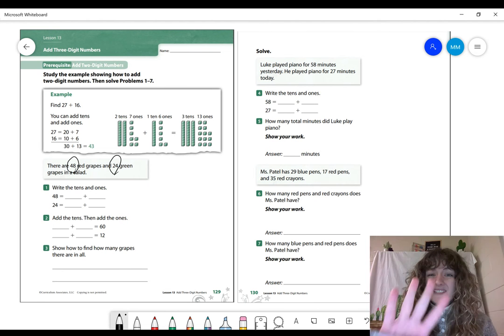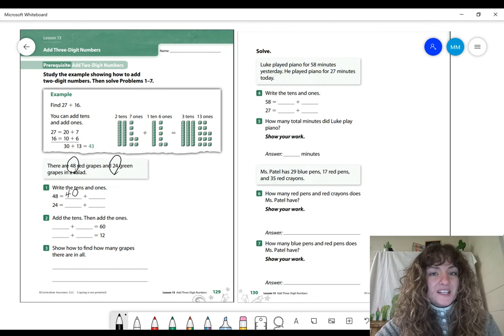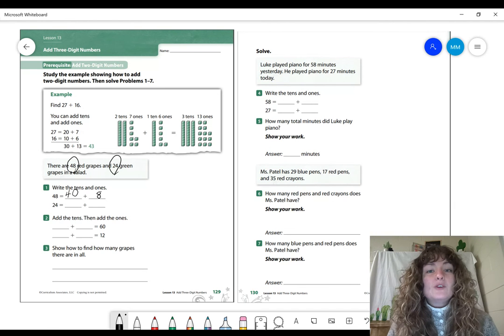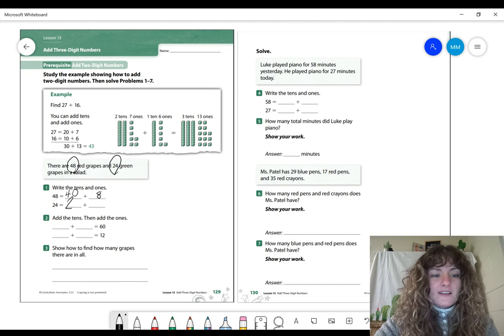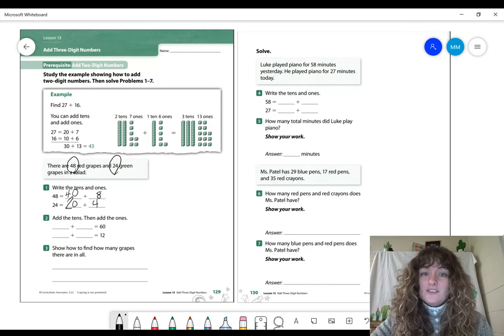We have 4 tens, which is a value of 40. So 40 plus how many ones? 8 ones. For 24, what is the value of the 2 tens? 20 plus 4.